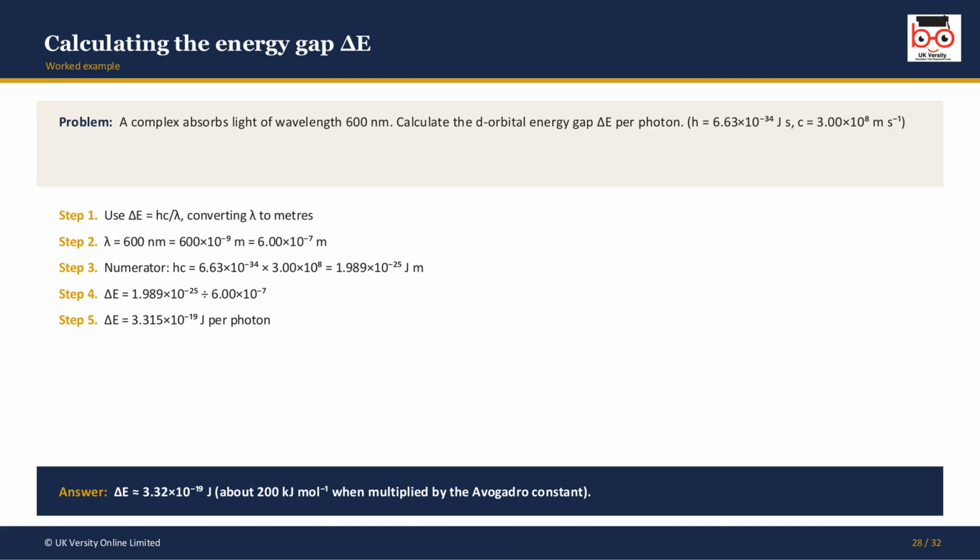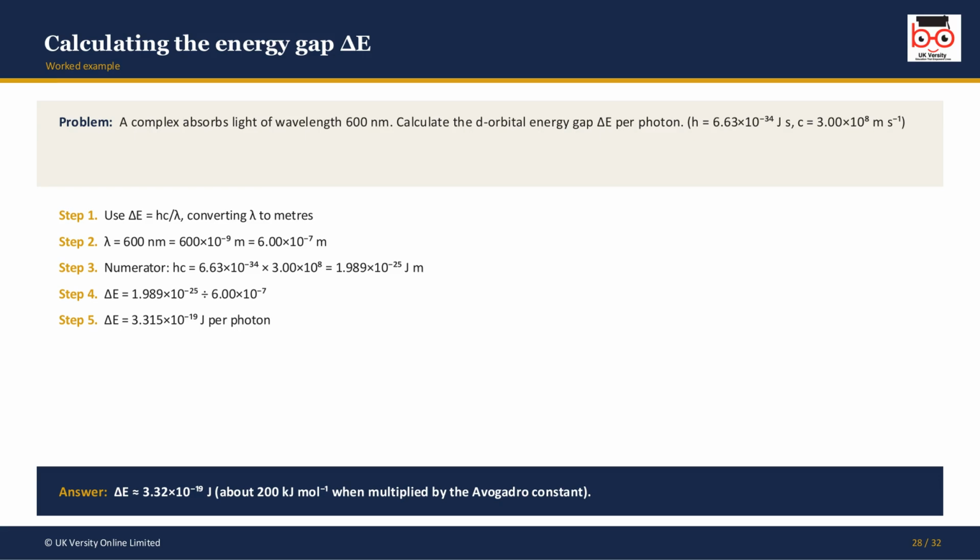Let's calculate an energy gap. A complex absorbs light of wavelength 600 nanometers, and we want ΔE per photon. We use ΔE = hc/λ, converting the wavelength to meters first. So 600 nanometers is 6 × 10⁻⁷ meters.